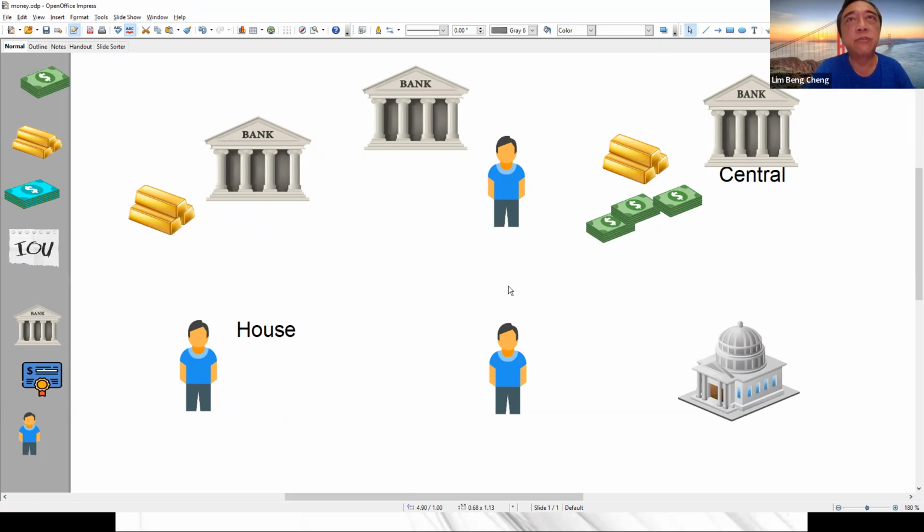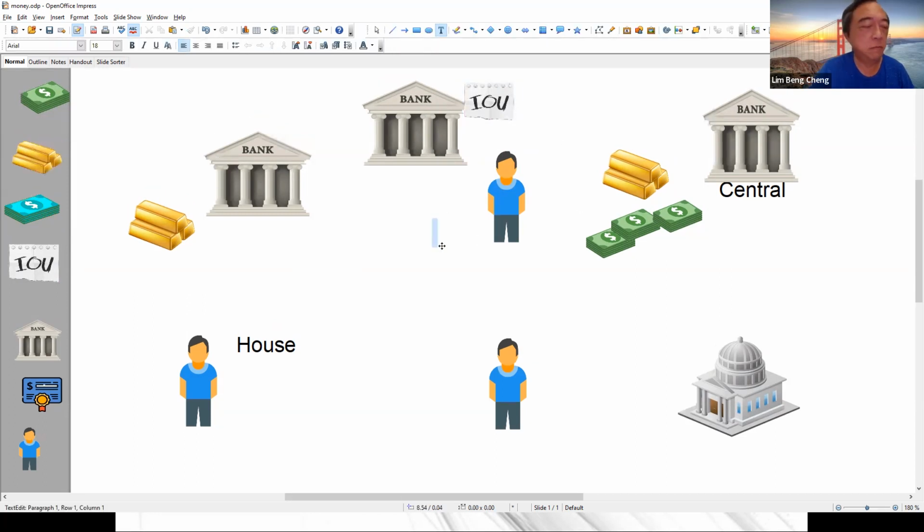We come up with a new story. So he wants to buy a house, so you ask the bank for a loan. So now he gives the bank an IOU, and then the bank issues him a check.